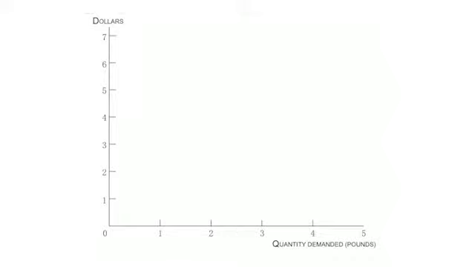In the table, we had a number for the marginal benefit of one item, which, if you recall, was $5. And then we had the marginal benefit for a second item going from 1 to 2, which is $3. The marginal benefit of the third item was $1.50. The marginal benefit of the fourth item, $1. And the marginal benefit of the fifth item is 50 cents. So you can see now that the marginal benefit is going down the more that is consumed.